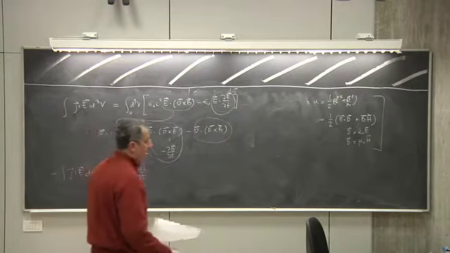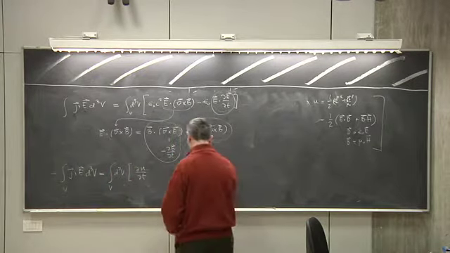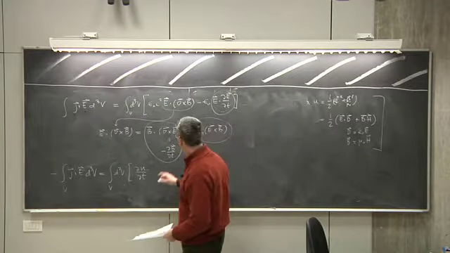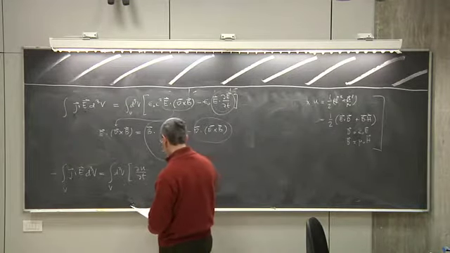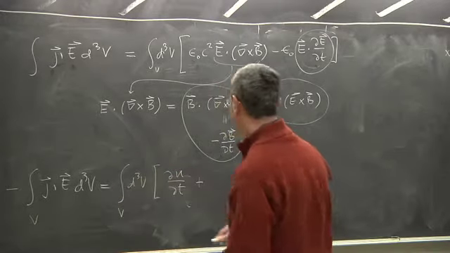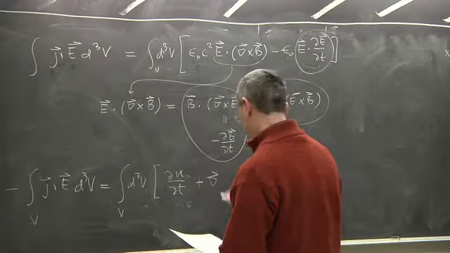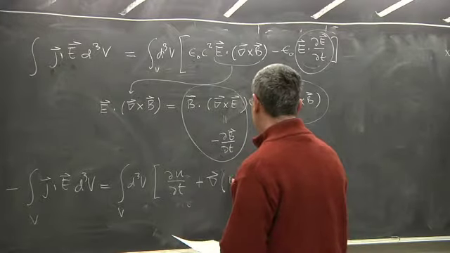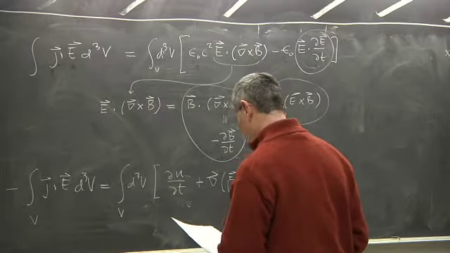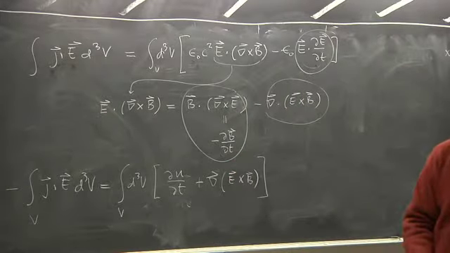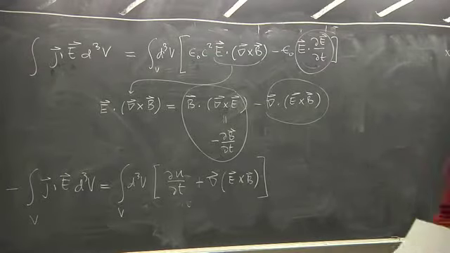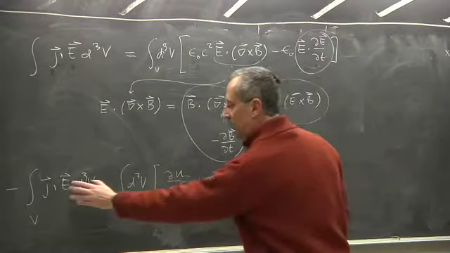Anyway, we are almost there, but then I have this extra term, plus, because I pull the minus to the other side, the divergence of this E cross B. So is this a mistake, or is this correct?